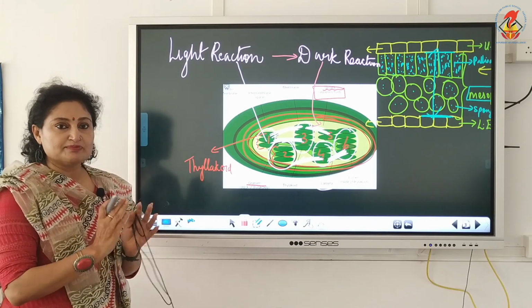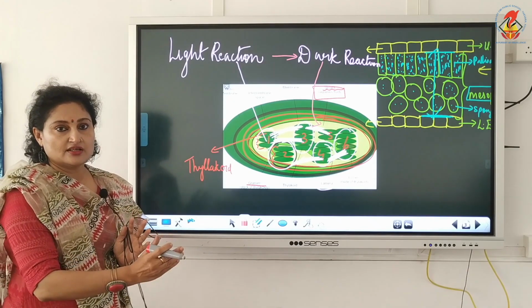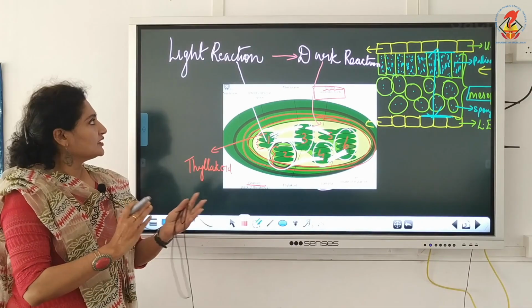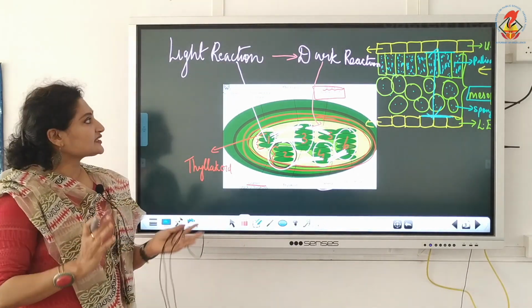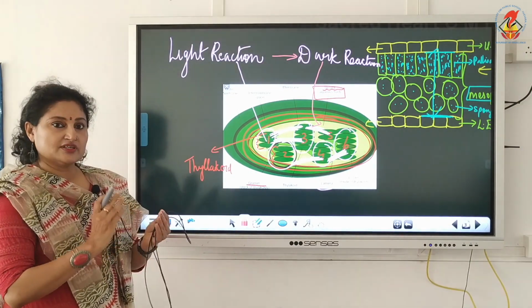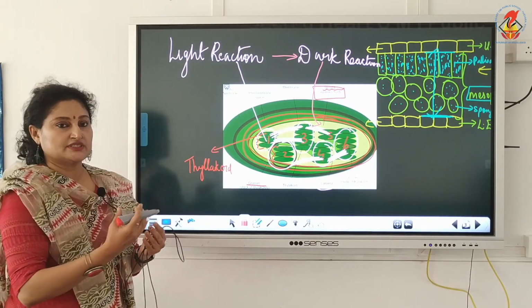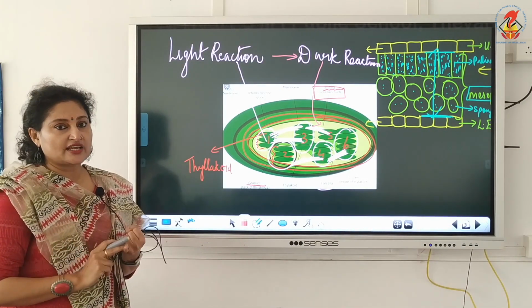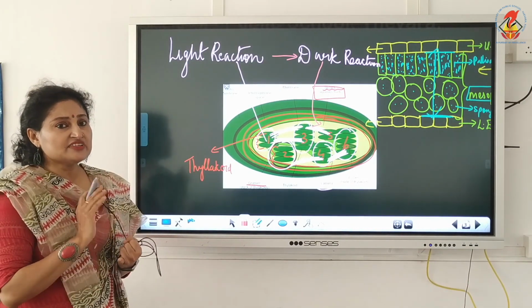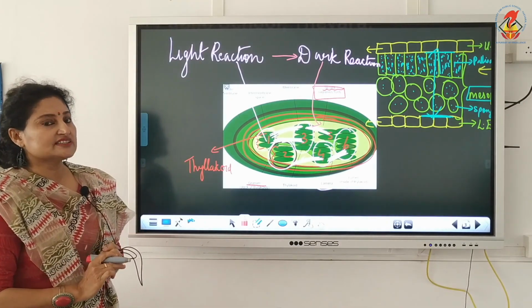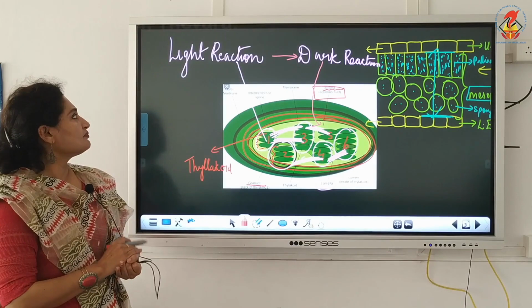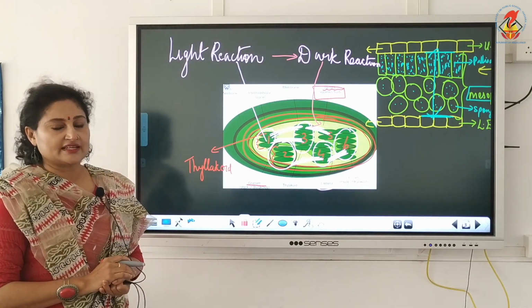For example, we say boy, when it comes to boy we say girl. Father, what's the next? Mother. Day, night. Husband, wife. So it makes a complete couplet if we give a name which follows it. And because the dark reaction immediately follows the light reaction, it is given the name dark. And the second reason why it is given dark reaction is the dark reaction depends upon all the products of the light reaction.